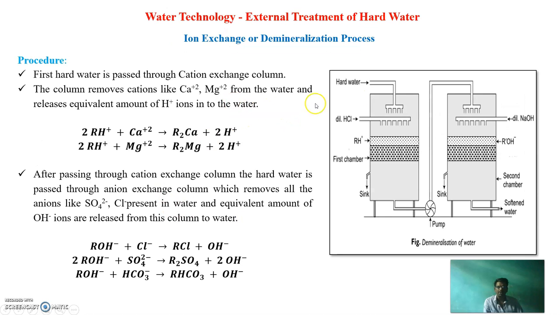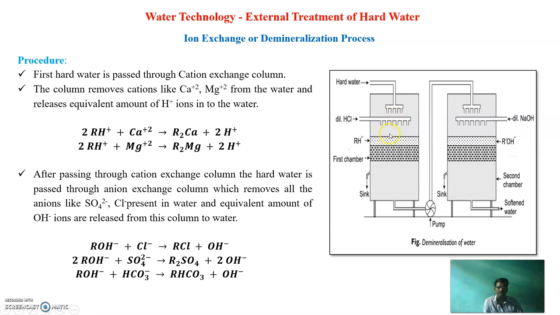Procedure. First, hard water is passed through the cationic exchange column. The H+ ions present in the exchanger are replaced with calcium and magnesium ions present in the hard water. That means these H+ ions are exchanged with calcium and magnesium ions.